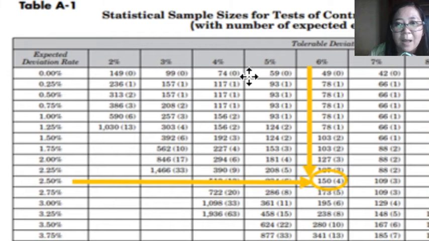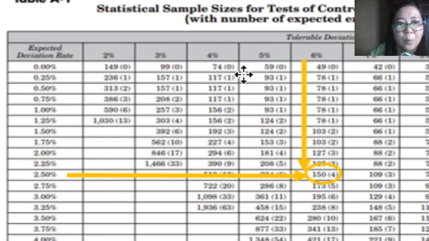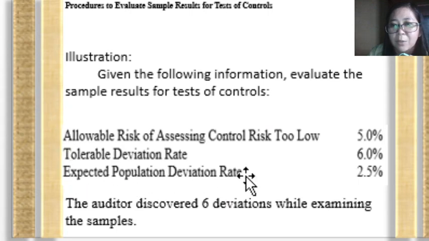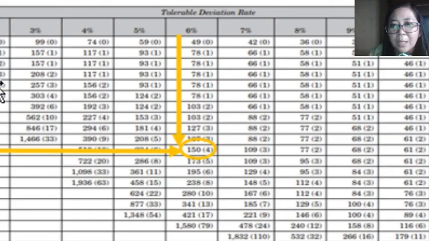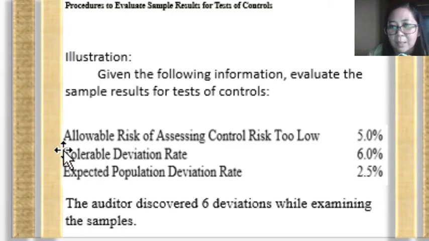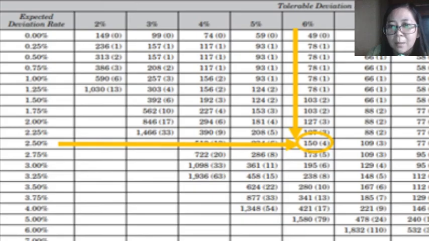Okay, so here, in using the table, we have the columns and the rows. For the columns, this is for the tolerable deviation rate. Okay, in the previous example, our tolerable deviation rate is at 6%. So to use the table, we will select from this column right here. This is 6%. Okay, and then in our row is the expected deviation rate. Okay, so expected deviation rate is at 2.5.